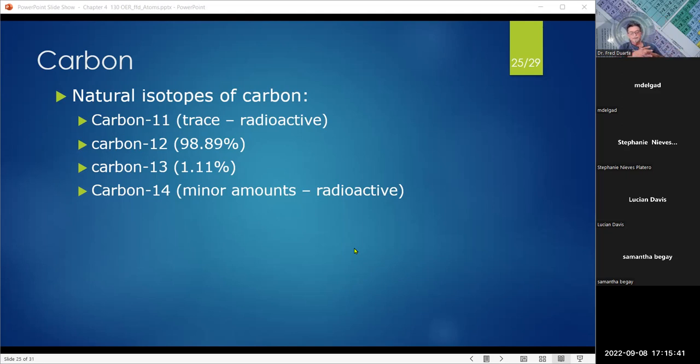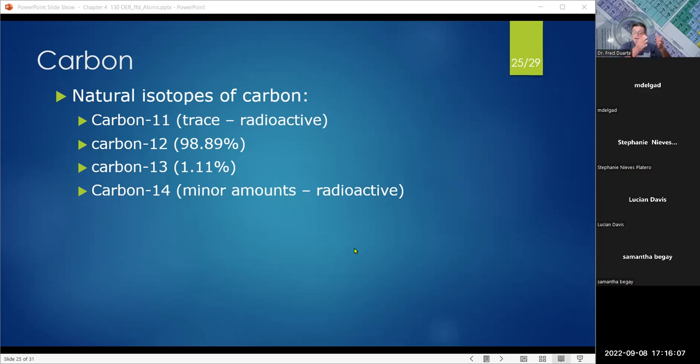And so here's again this example of carbon 11, 12, 13, and 14. Carbon 12 is roughly 98.89%, carbon 13 roughly 1%, and there are trace amounts of 11 and 14. And so you can see carbon 12 is a lot more abundant than 11, 13, and 14.